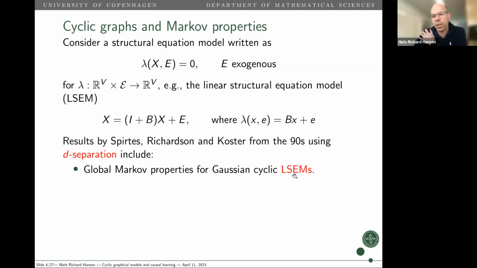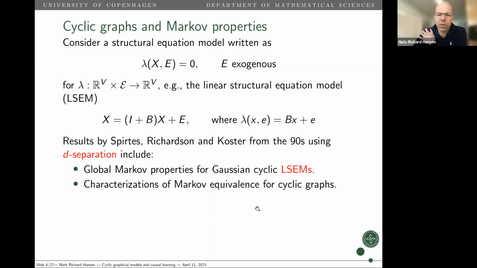So if you have linearity, you could actually derive global Markov properties. And you could also characterize all the Markov equivalent graphs for cyclic graphs. This was done by Richardson. So if you didn't care about Markov properties at all, but just looked at the d-separation rules for cyclic graphs, we could understand the Markov equivalences.